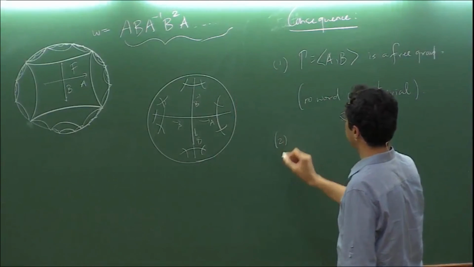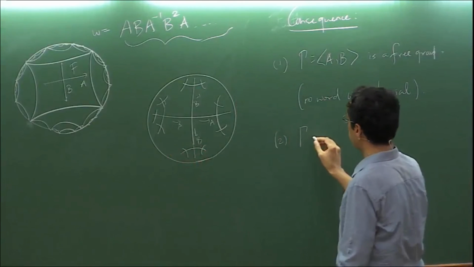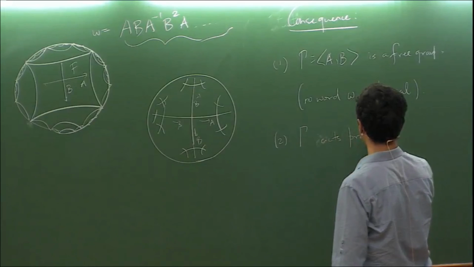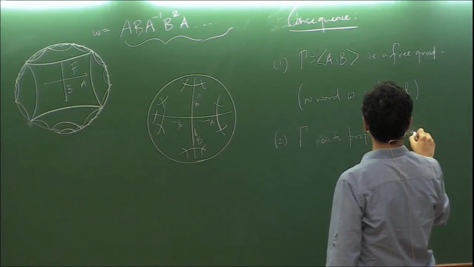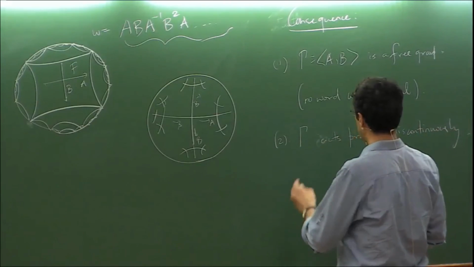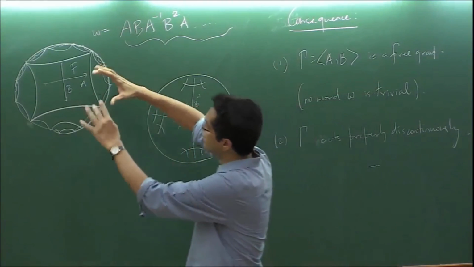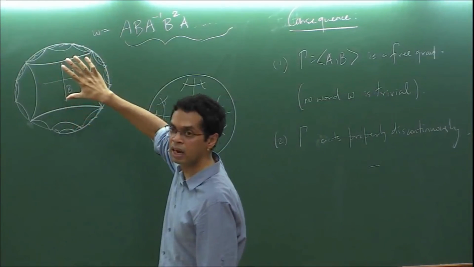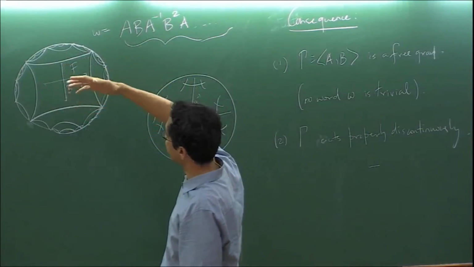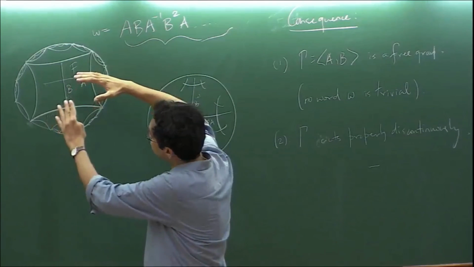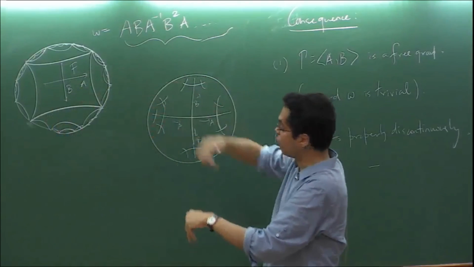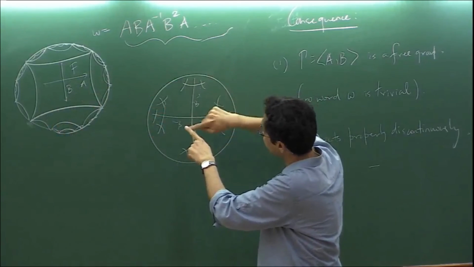And the second thing that you see, which is what we really want, is that gamma acts properly discontinuously. I won't go more into that, but you can check that if you take a compact set, it will intersect only finitely many of these tiles. If you take a sequence of elements in gamma, you'll be looking at a path in the tree.